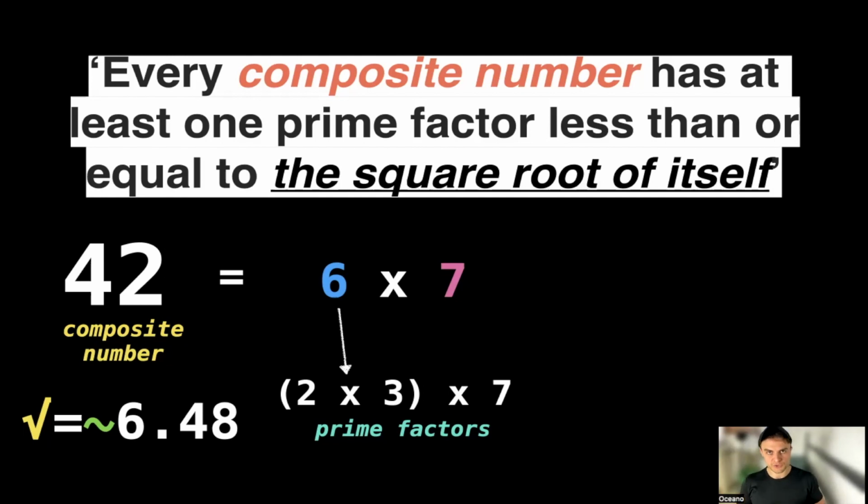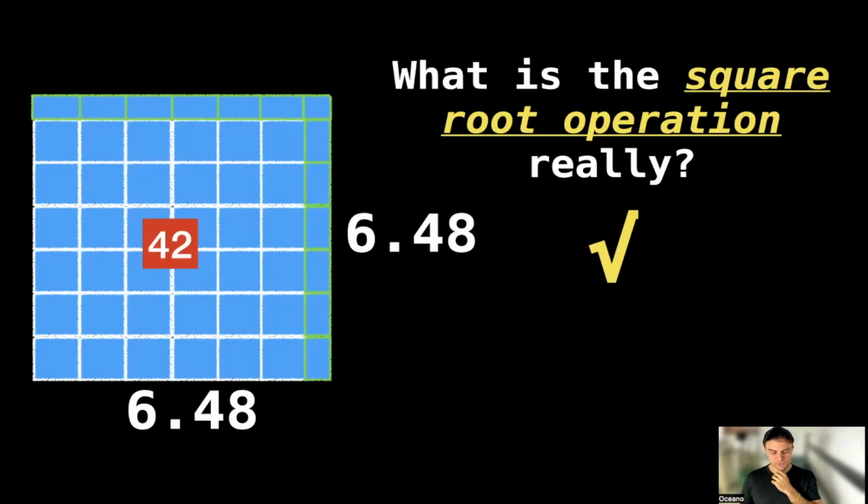The square root of 42 is roughly 6.48, right? But what is this square root operation? What is going on when we square root a number? As usual, I propose to you a visual understanding. Here I've drawn the 42 in its 2D representation. So it is a square with a base of 6.48 and a height of 6.48. As you can see, I have 36 squares, which have the value 1.